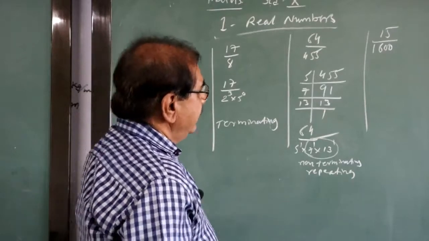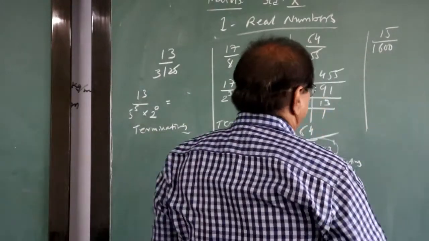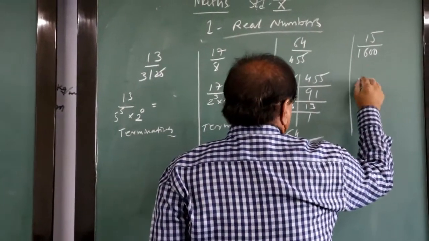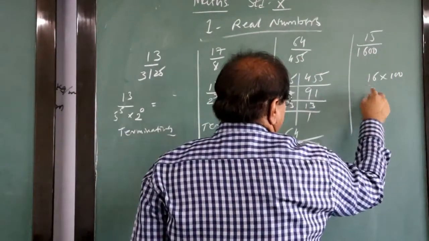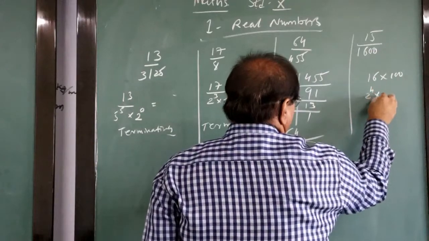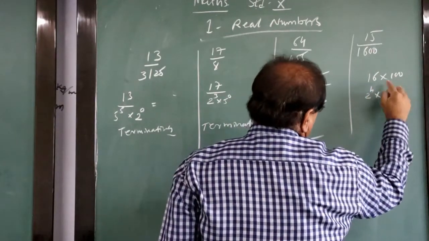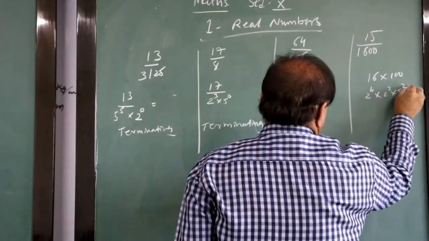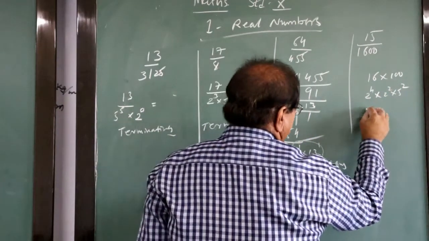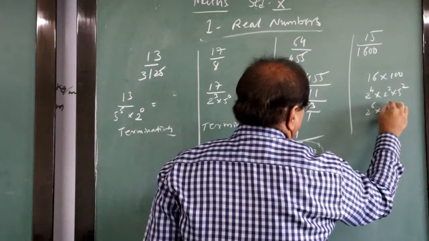Now 1600 we try to factorize. Simply by 16 into 100. 16 means 2 raised to 4, 100 means 25 4s are, so 4 is 2 square and 25 means 5 square. So ultimately it is 2 raised to 6 into 5 raised to 2.